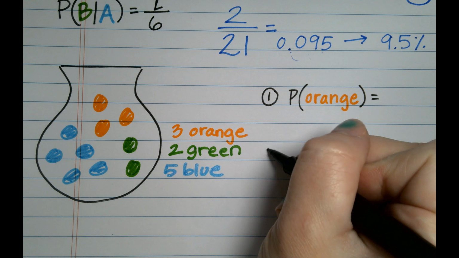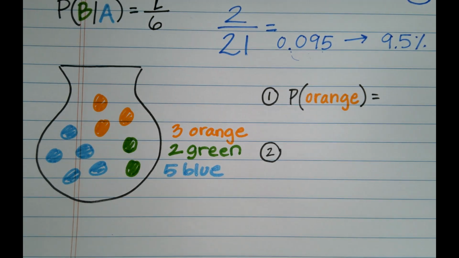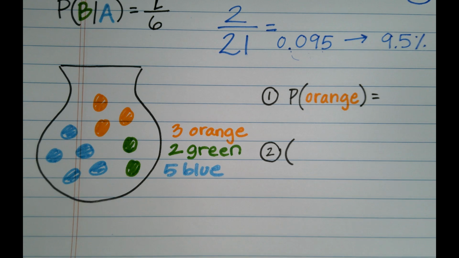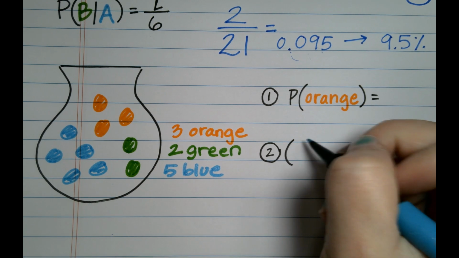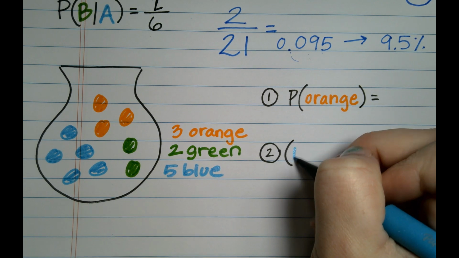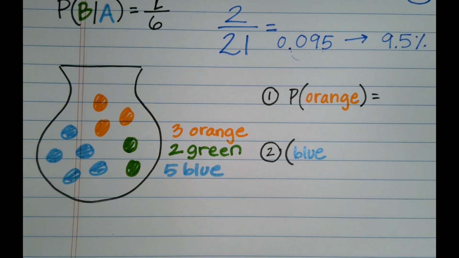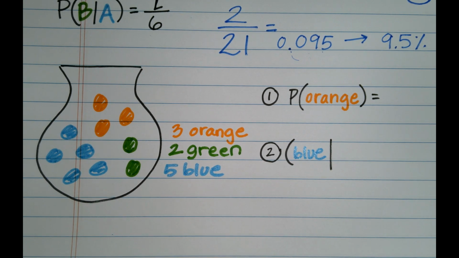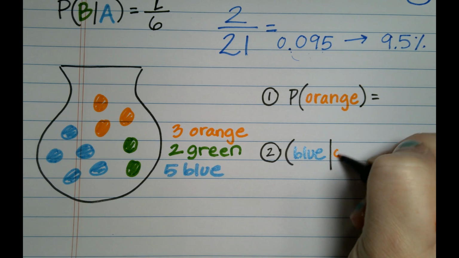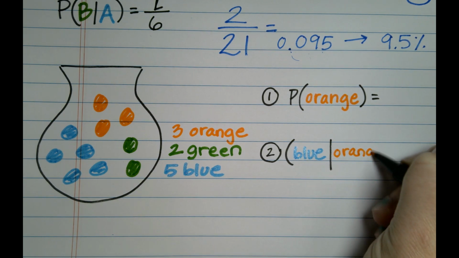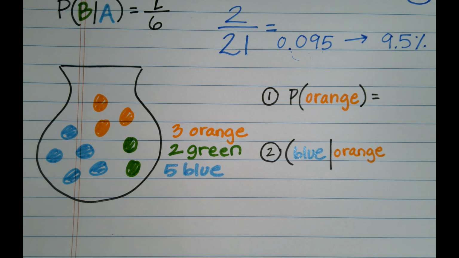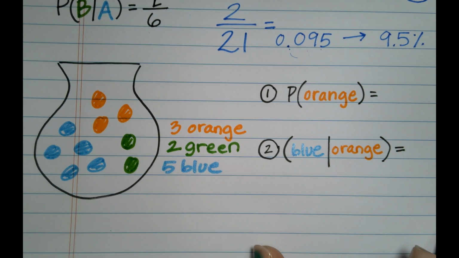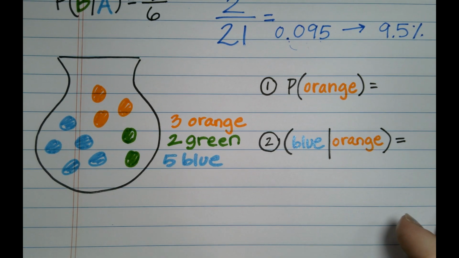Once you find that, I want to see if we can solve for the probability of picking a blue marble, given that we already picked an orange.